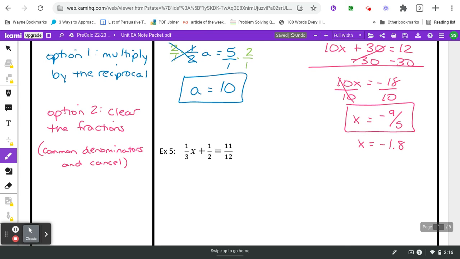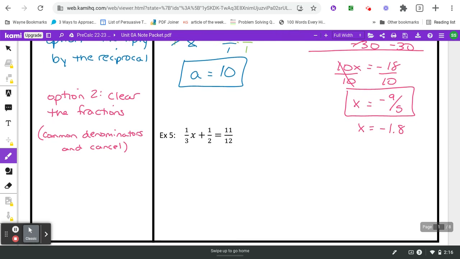Example 5 is another example where we're going to want to clear the fractions. It's common denominator 3, 2, and 12. My common denominator will be 12. So I'm going to multiply by 4. I'll multiply by 6. And 12 is already 12, so I can leave that. Then I have got 12 and 12 and 12. If they're all the same, you can cancel them.